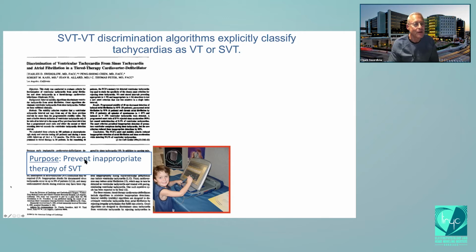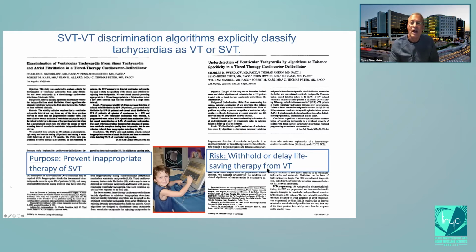The first paper came out that demonstrated the goal of SVT-VT discrimination algorithms: to prevent inappropriate therapy of SVT. And a few months later, I published a follow-up paper pointing out the main risk of this, that you can withhold or delay life-saving therapy from VT.